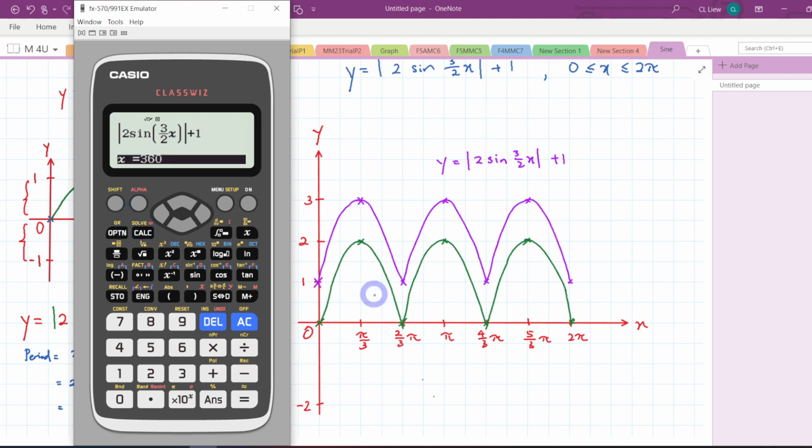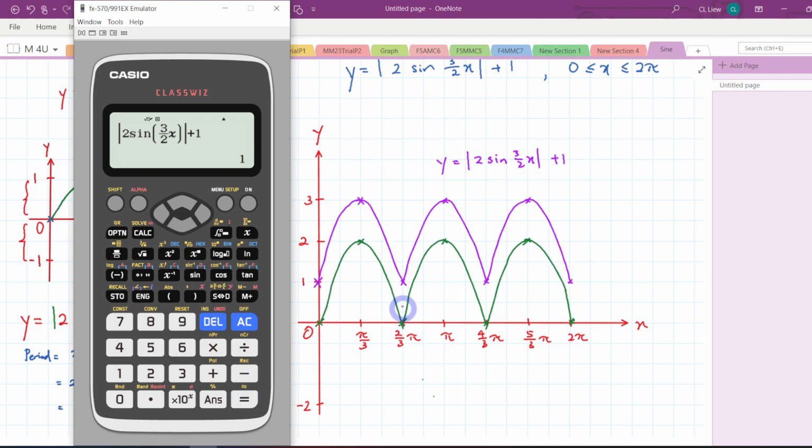Press calculate, then 0 is equal to 1. Okay, this point is correct. Then press calculate again. Pi over 3 is actually 60 degrees. Press 60. Okay, 3, correct. So here will be 120. Press calculate.